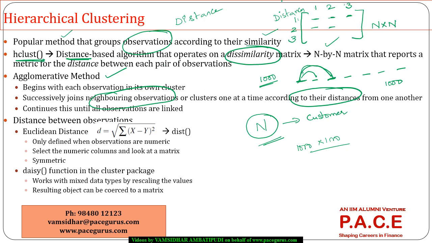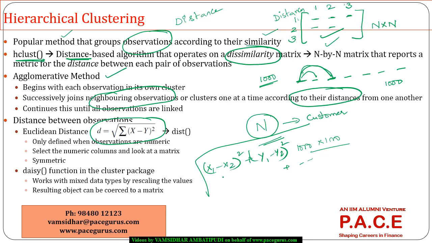When I am using the word distance here, I am referring to the Euclidean distance, which is nothing but (x1 minus x2) whole squared plus (y1 minus y2) whole squared plus so on, all under the root.